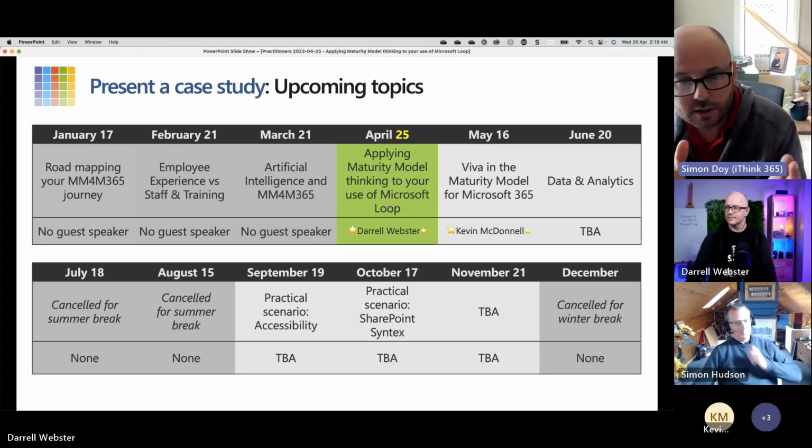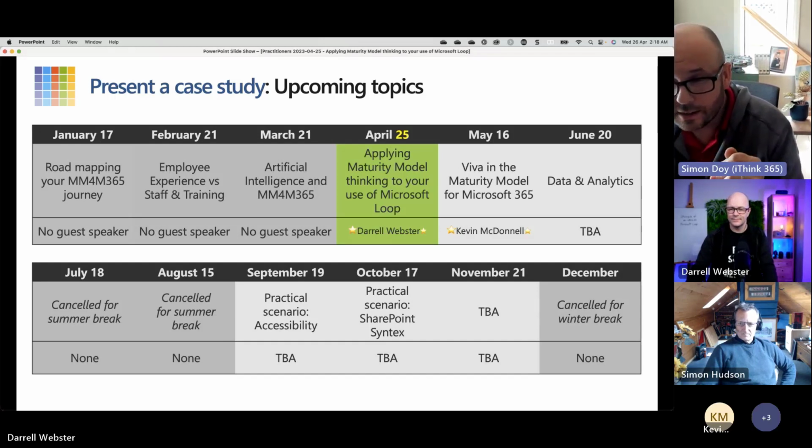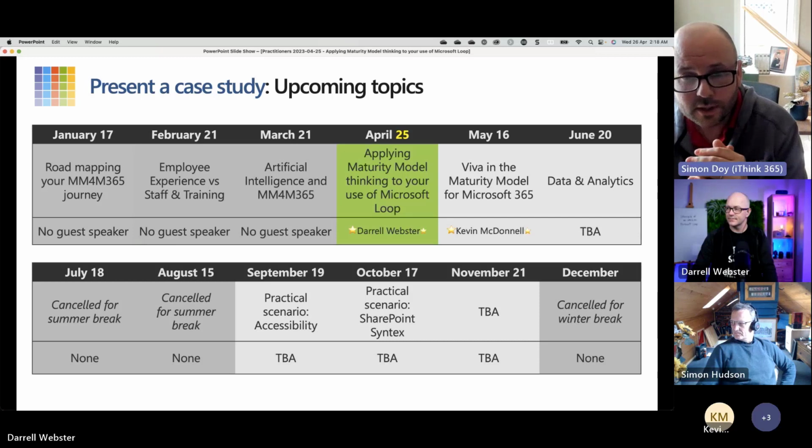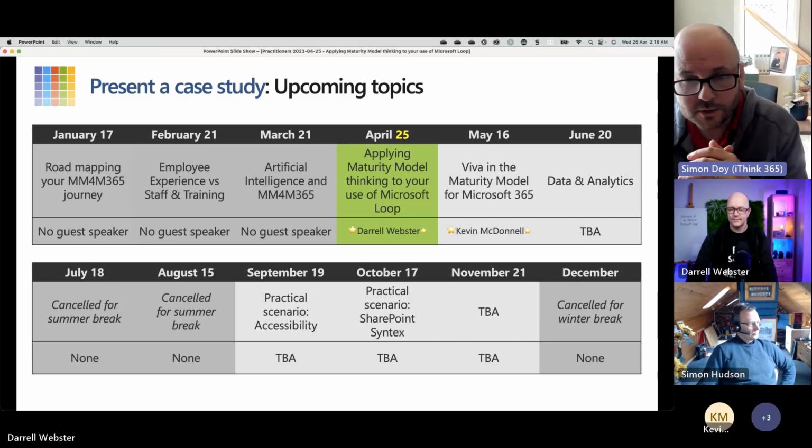Upcoming topics we've got. So today we've got Darrell, our rock star for this month, on applying the maturity model to Microsoft Loop. Next month, I think we've got Kevin and I think Leslie as well, talking to us about Viva and the maturity model, which should be fantastic. So yeah, it's really great that's happening. We've got further ones. You can see that we've got a couple of TBAs.